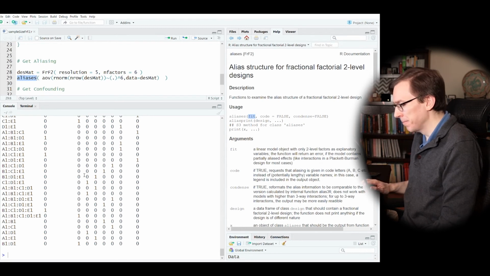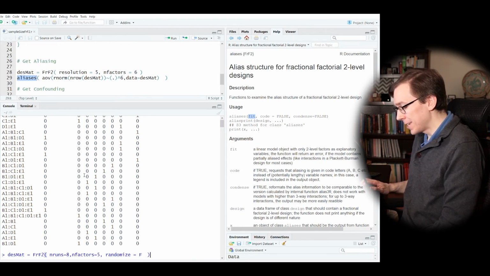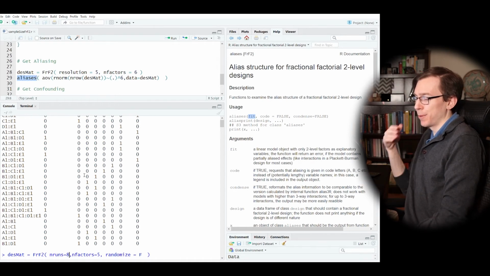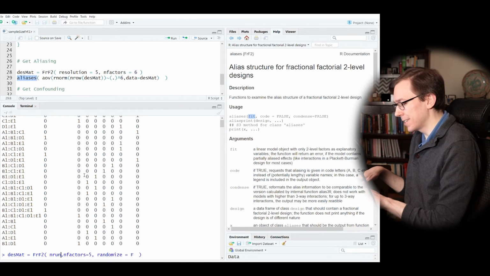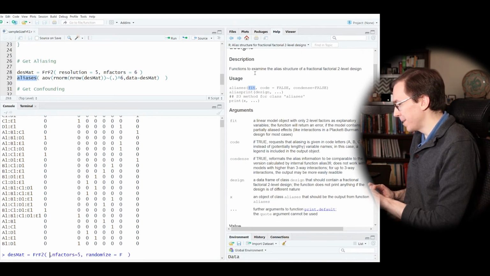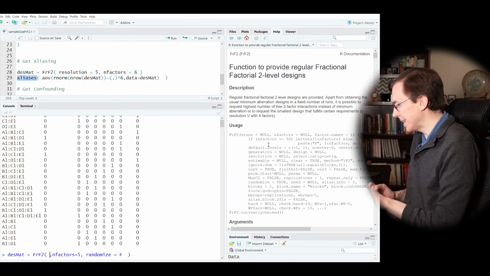Now, there's another thing I wanted to mention, which is we don't have to give it the number of runs. We could just give it the resolution. And I think this is a really nice feature of this function, that if we go back to the documentation, I can give it the resolution instead.